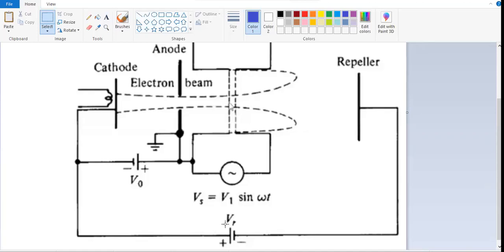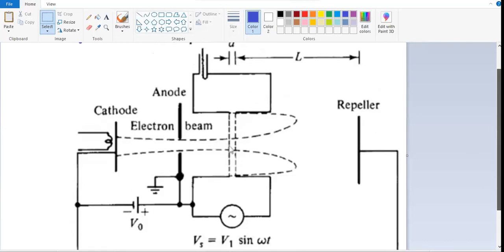In the lab experiment, we vary this VR and this V0 and observe the variation in the function of this reflex klystron. So only two voltages are here: VR is given to the repeller, and V0 is given to the anode.